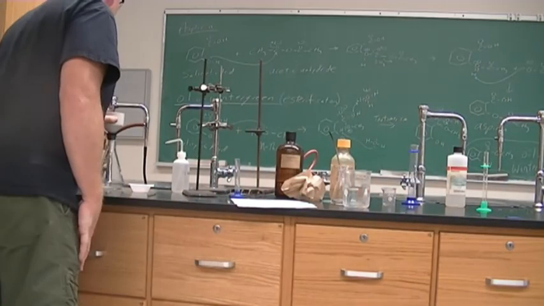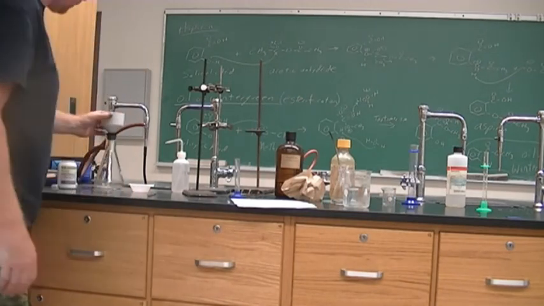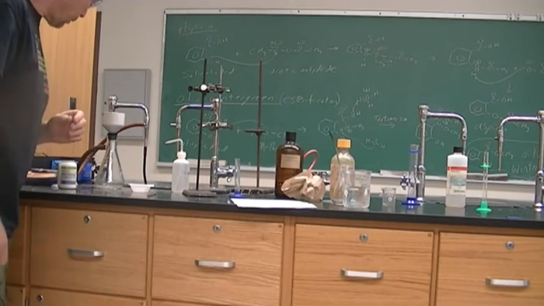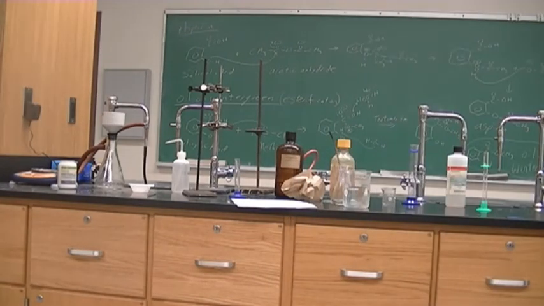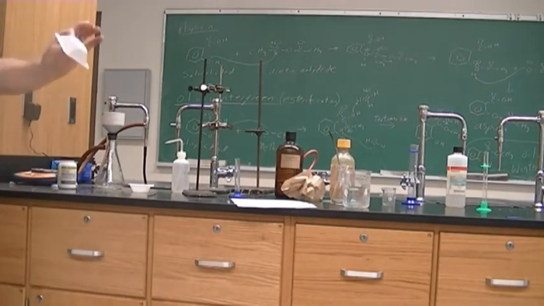With the aspirin, we're just going to get the mass of the formed aspirin. Our aspirin might be a little wet. To get the mass, we're going to weigh our weigh boat.